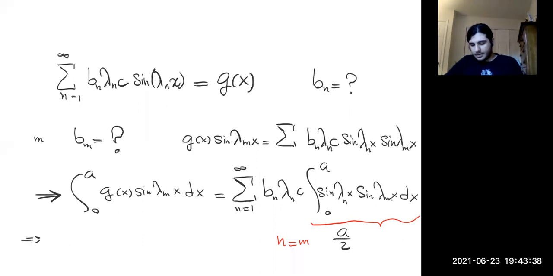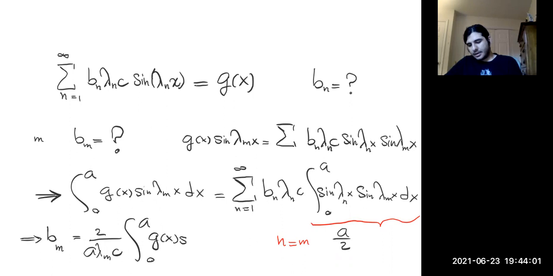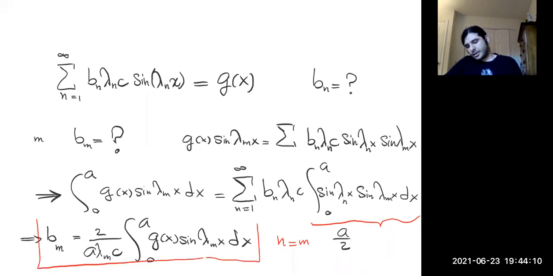So b_n, which becomes b_m here because n and m are equal, becomes equal to 2 over a lambda_m c times the integral from 0 to a of g(x) sine lambda_m x dx. So assuming we can compute this integral, we also have b_m.